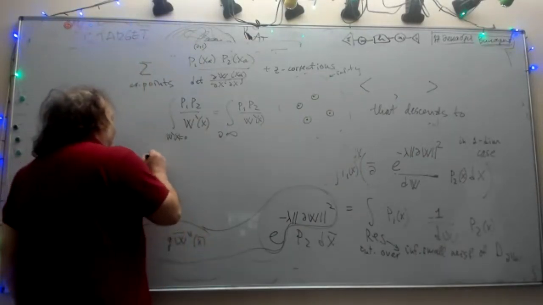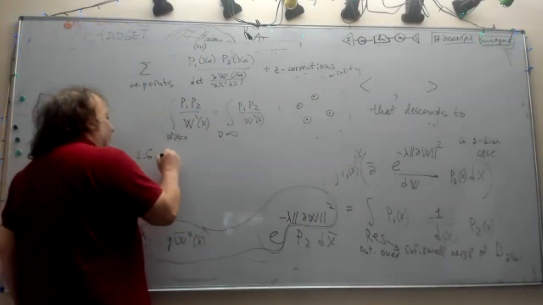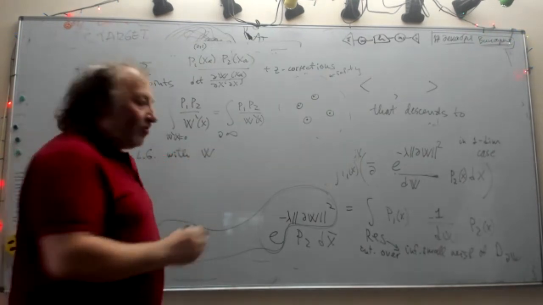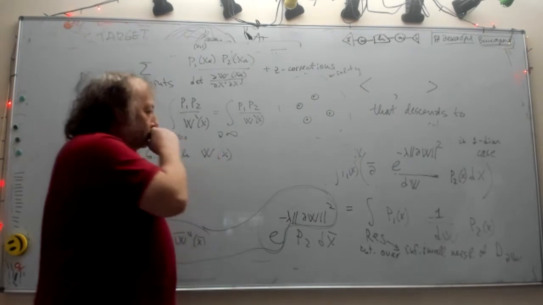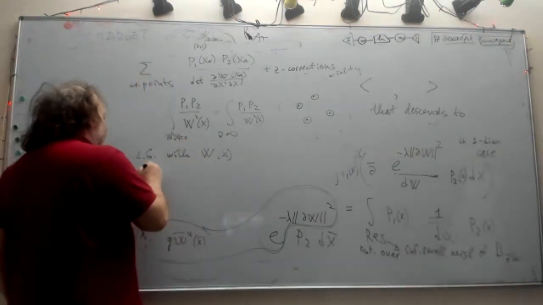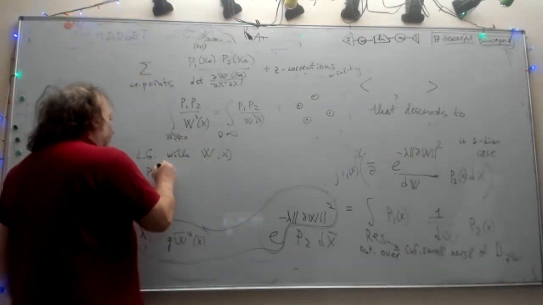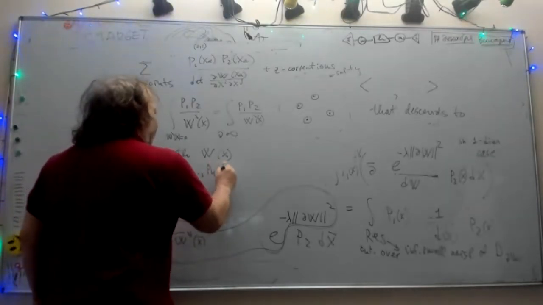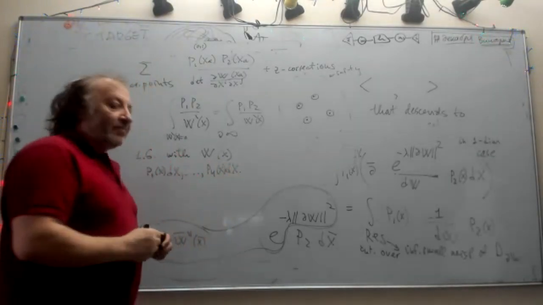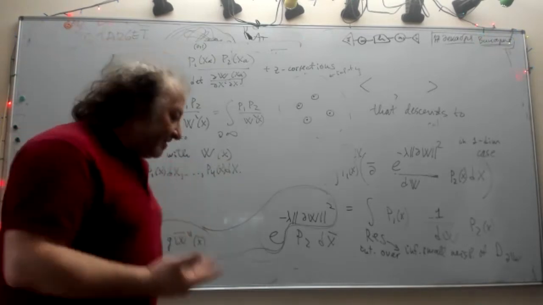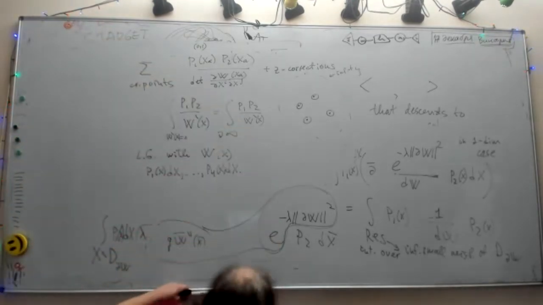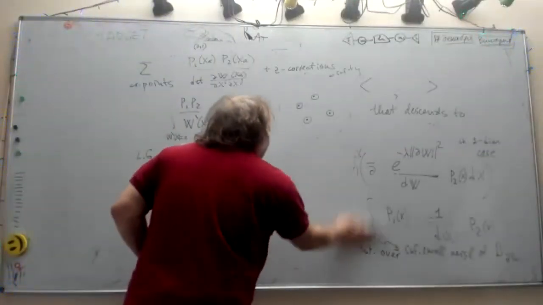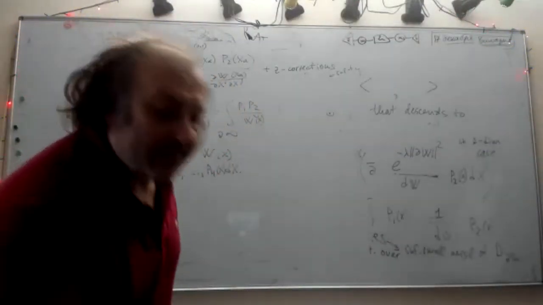So, consider the Landau-Ginzburg theory with superpotential W of one variable, and consider observables P1(x)dx, etc., P4(x)dx. And let us discuss the 3-point function and the 4-point function.